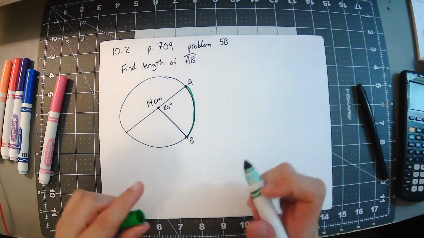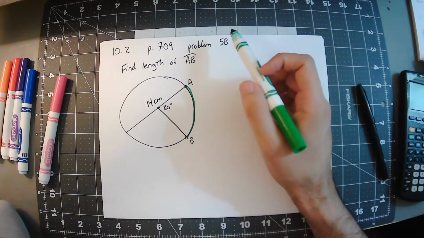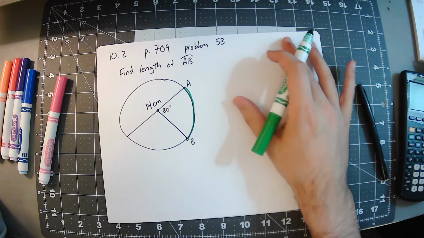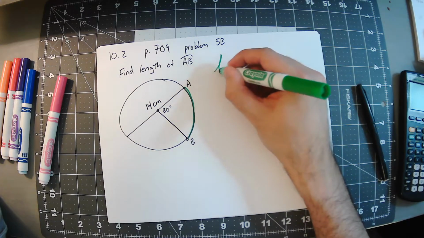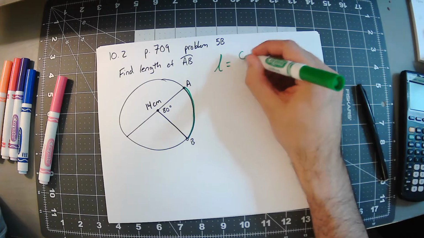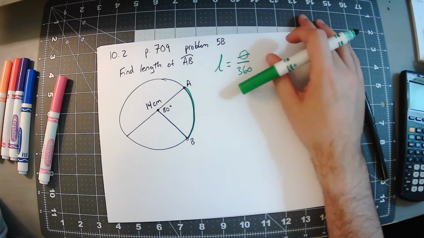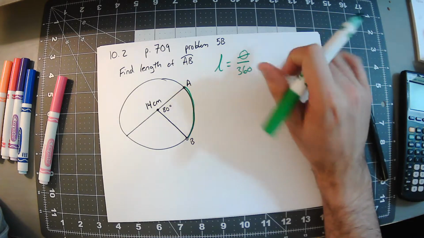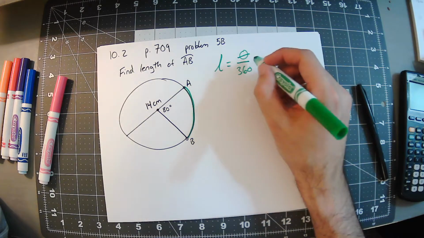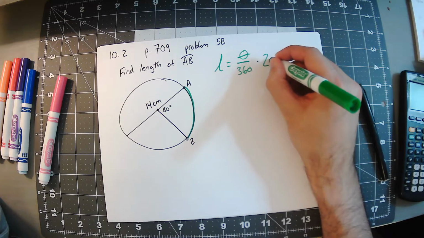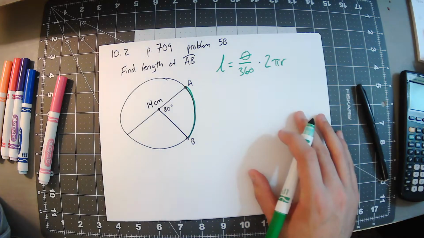If you have a note sheet handy, you can look at that. What we're going to be using is this equation, if you remember. The length equals theta over 360, where theta is normally the variable for an angle, times 2 pi r.